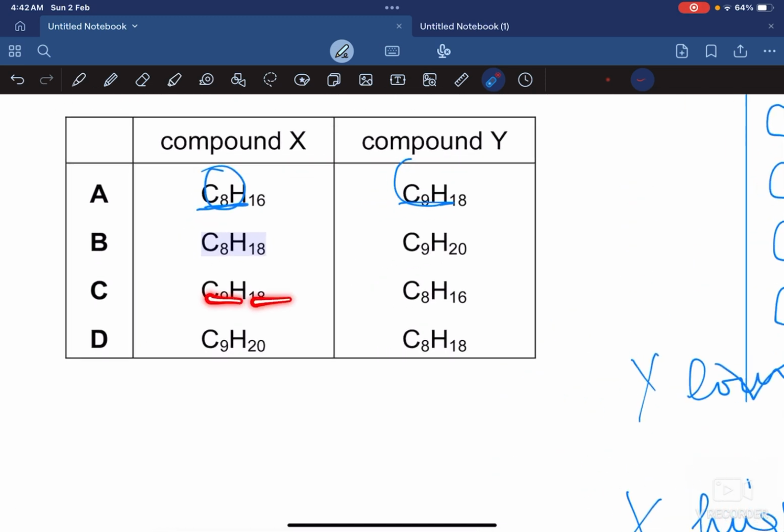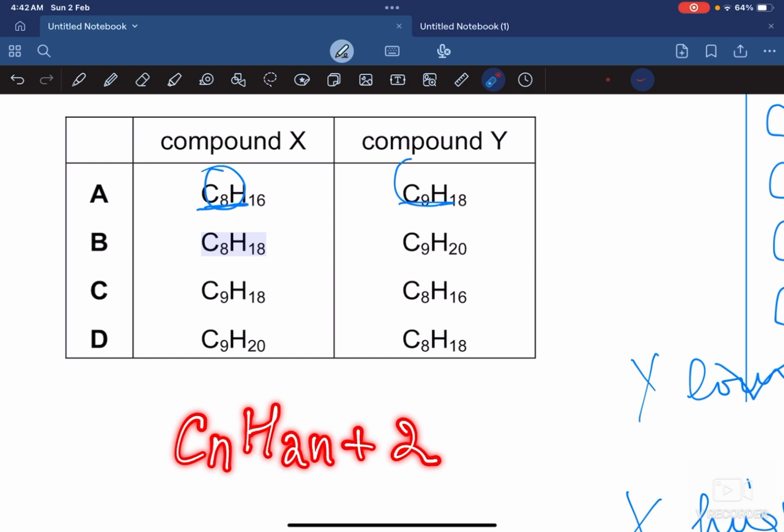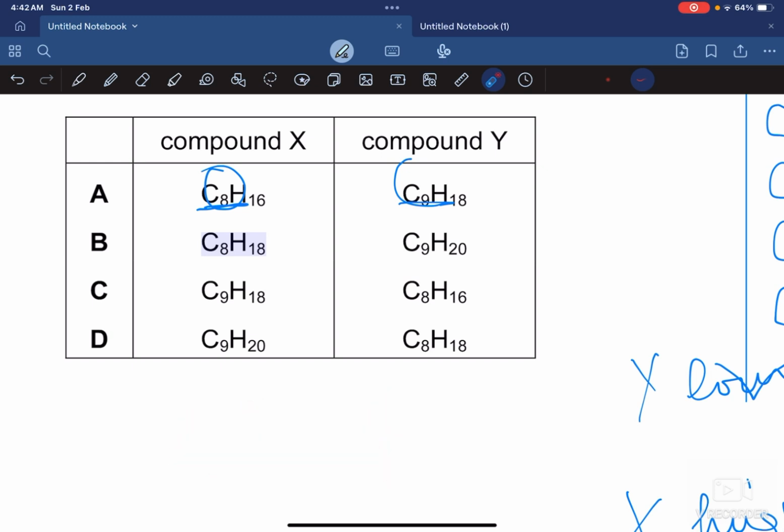C9H18 cannot be an alkane, because alkanes have the general formula CnH2n+2, so you've got to add 2 to it. So D is the correct option. Why is D the correct option? Because look, this one's an alkane and this one's an alkane.